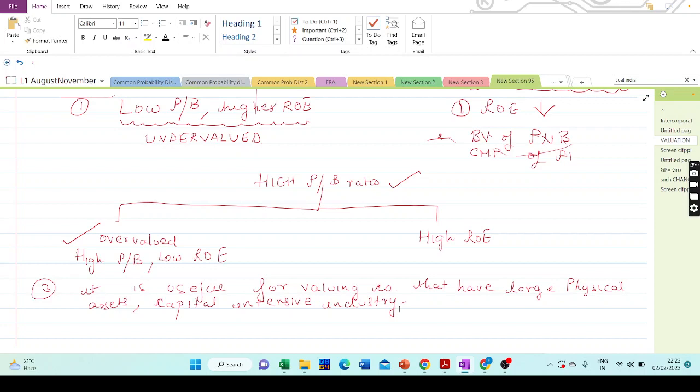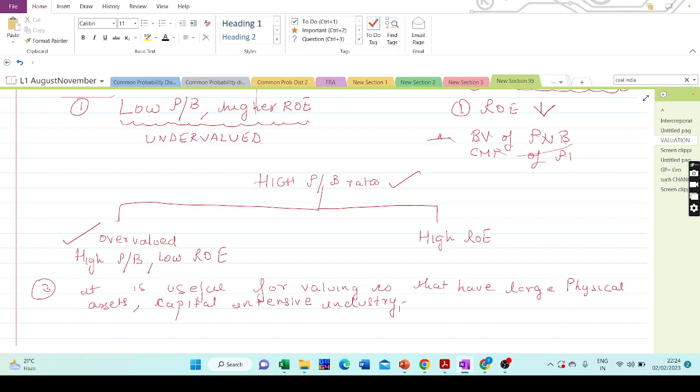So, if a company has a lot of intellectual property, if the company has a brand name, right? Are brand name and intellectual property reported on the balance sheet of a company, guys? No. So since intellectual property and brand name, such things are not reported on the balance sheet, they are not accounted for while calculating your book value, right?